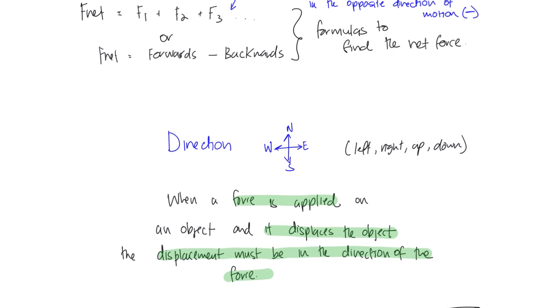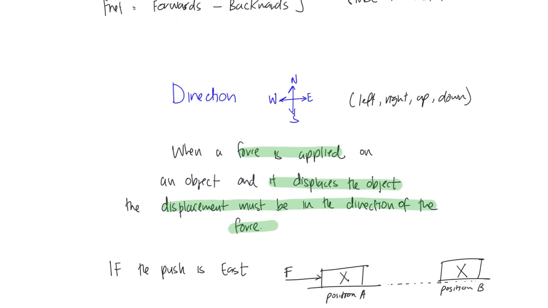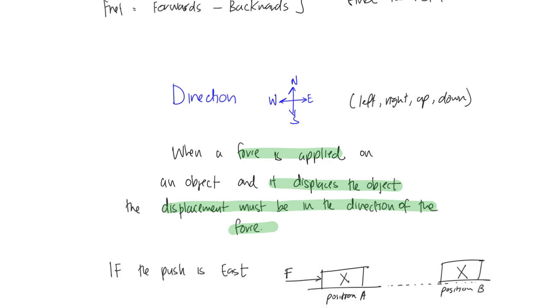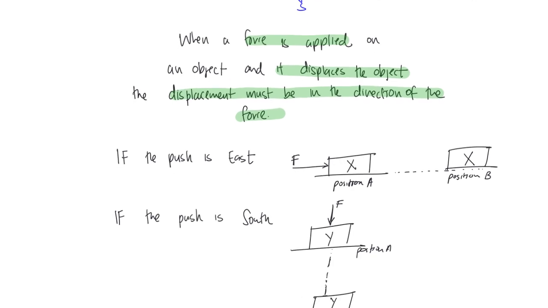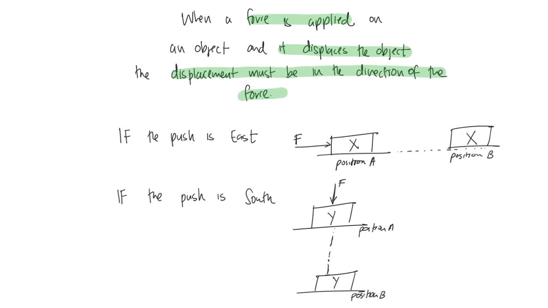So if you push an object east, then it must move towards the east. If you push an object south, then that object must move towards the south. The direction of your force and the direction of the displacement must be exactly the same.